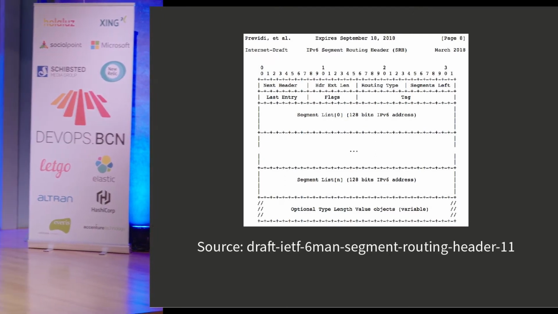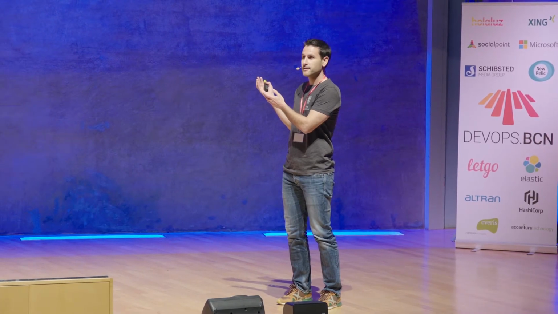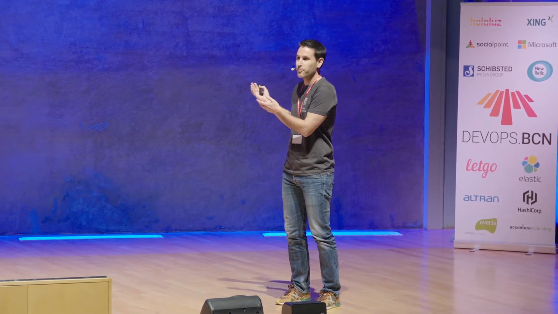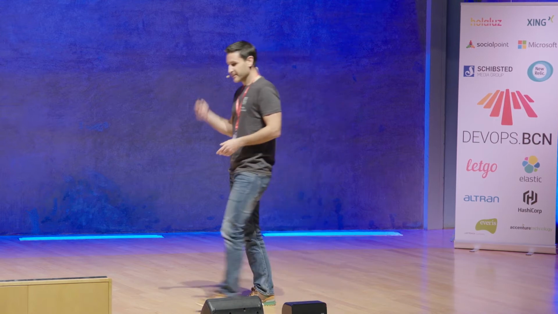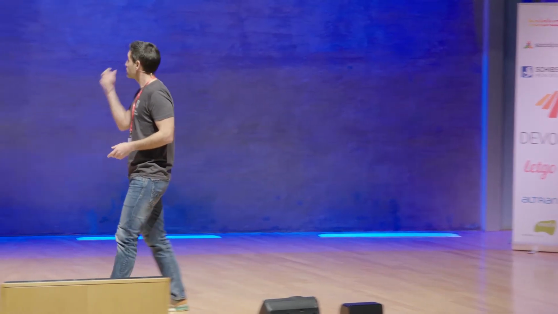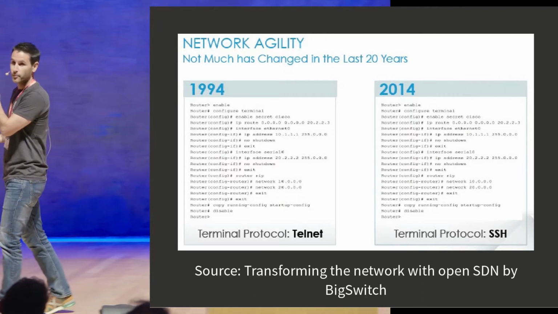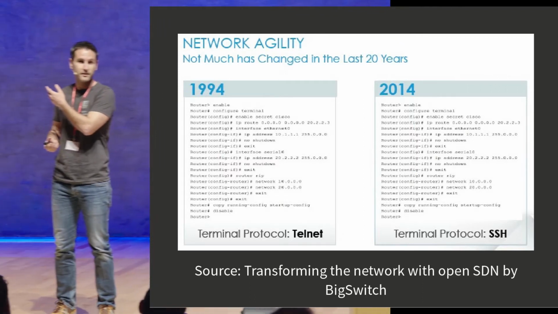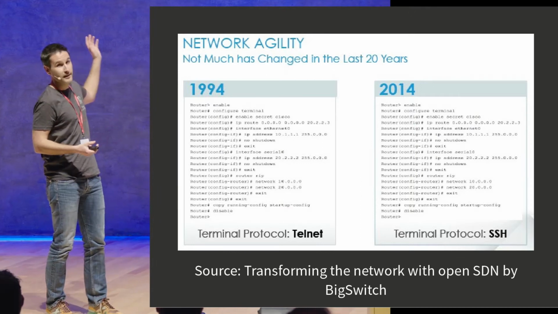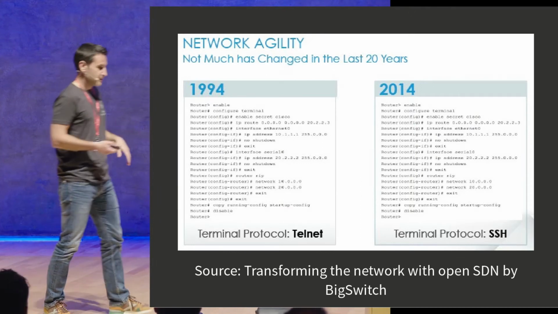And who can resist this kind of lovely RFC style? Nobody can resist this. But this is not going to be the approach. We could spend the time talking about the dramatic improvement in network operations over the last 20 years. We have moved from Telnet to SSH, doing the same. But no, that is nothing to talk about today.